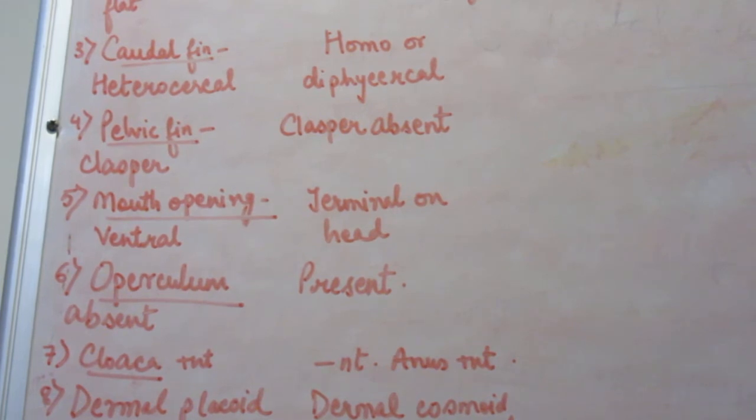Now mouth opening in C is ventral. Ventral as in the lower side of the organism. And in O it is terminal.